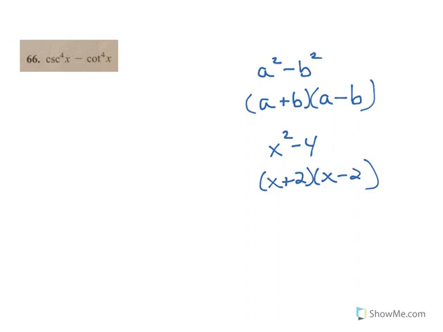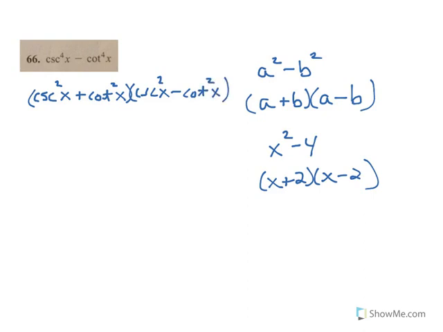So we have a fourth power, which means the square root of that fourth power should be a power of 2. So if we were to factor this, we're going to get cosecant of x squared plus cotangent of x squared multiplied by cosecant of x squared minus cotangent of x squared.